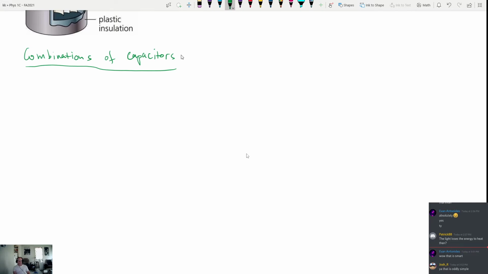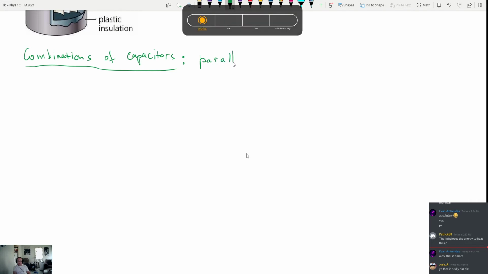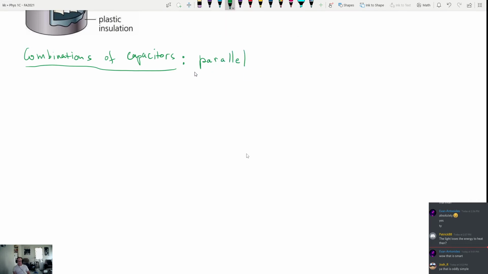I think parallel is probably the easiest. Okay, parallel. So now I'm going to start doing circuit diagrams, and I'll show you what the pieces of the circuit diagram mean.